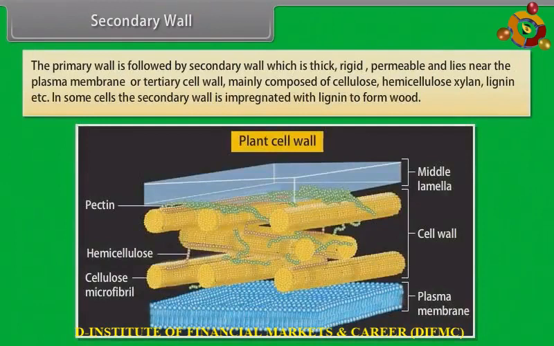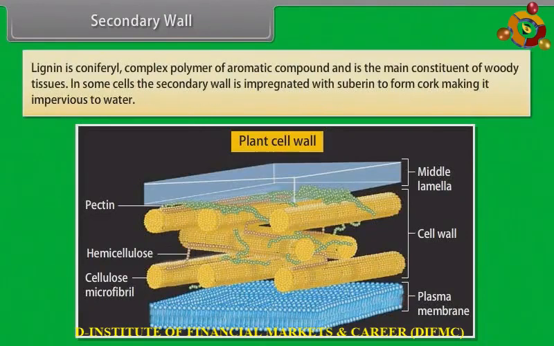Secondary wall. The primary wall is followed by secondary wall, which is thick, rigid, permeable and lies near the plasma membrane or tertiary cell wall, mainly composed of cellulose, hemicellulose, xylan, lignin, etc. In some cells, the secondary wall is impregnated with the lignin to form wood.